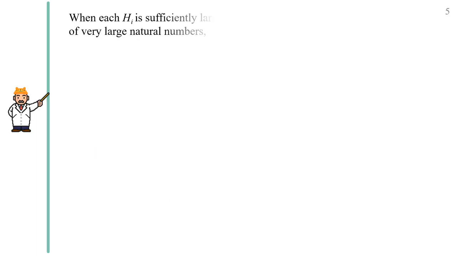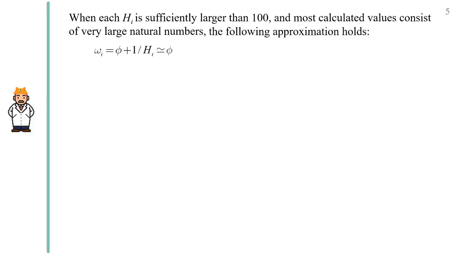Now, when each h sub I is sufficiently larger than 100 and most calculated values consist of very large natural numbers, the following approximation holds. Under this approximation, equation 5 reduces to the following form.